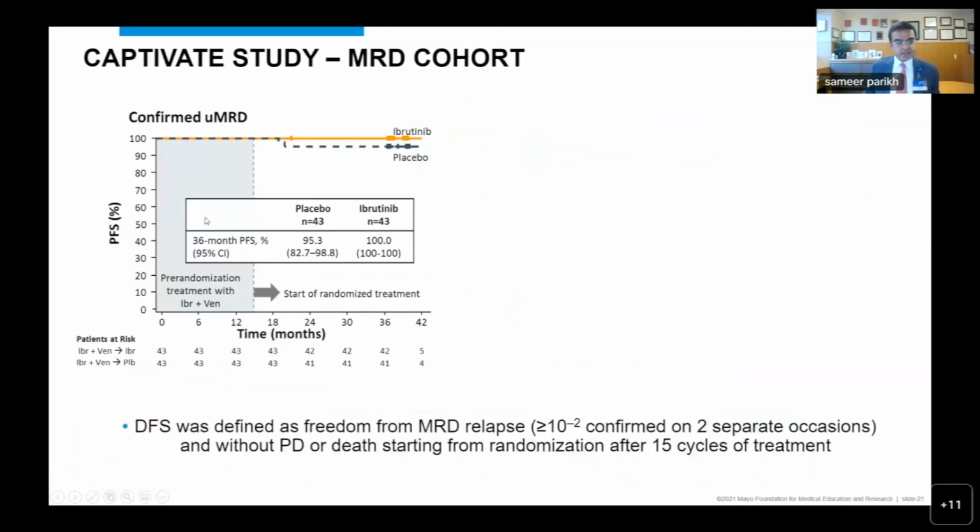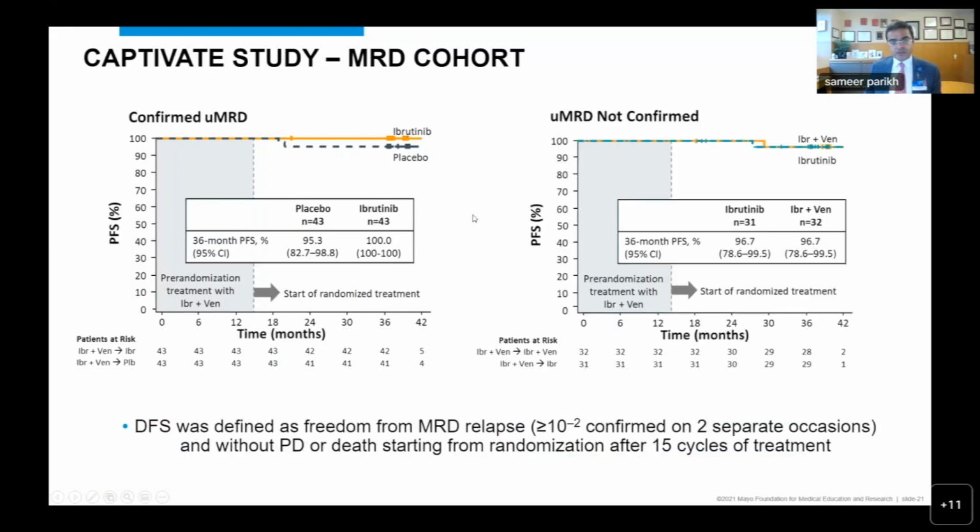You can see that the disease-free survival in the patients who had confirmed undetectable MRD was not significantly different between continued ibrutinib or placebo, and we expect to see some longer follow-up at ASH this year. But this suggests that MRD is a very powerful way by which we can predict which patients are going to do very well, and they probably don't need to continue with any further treatment.